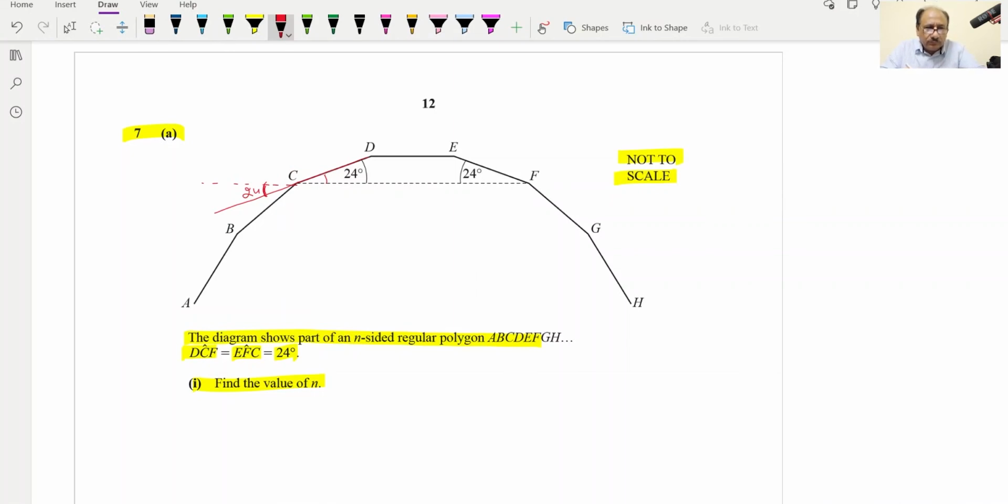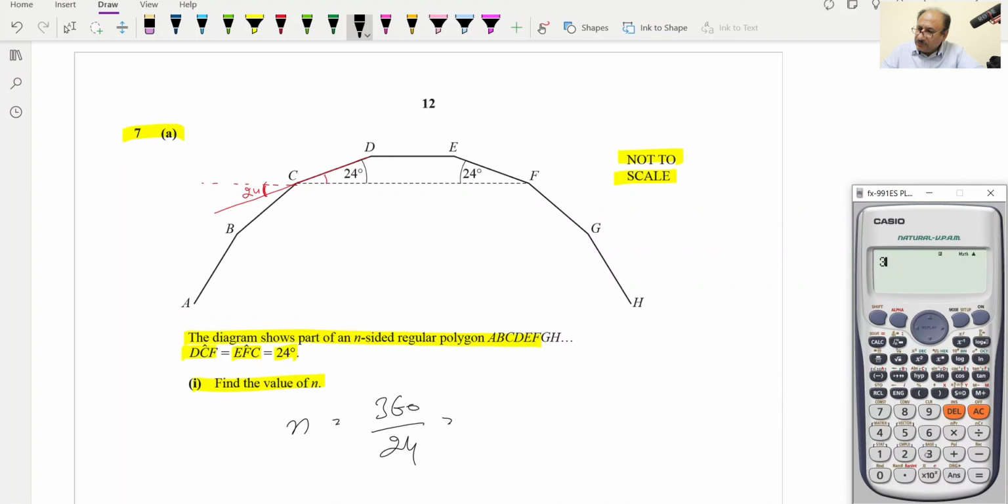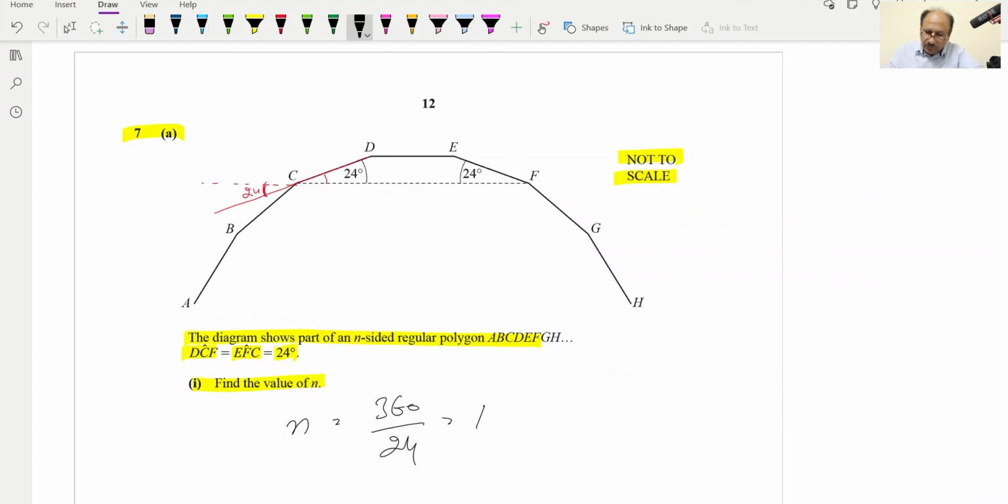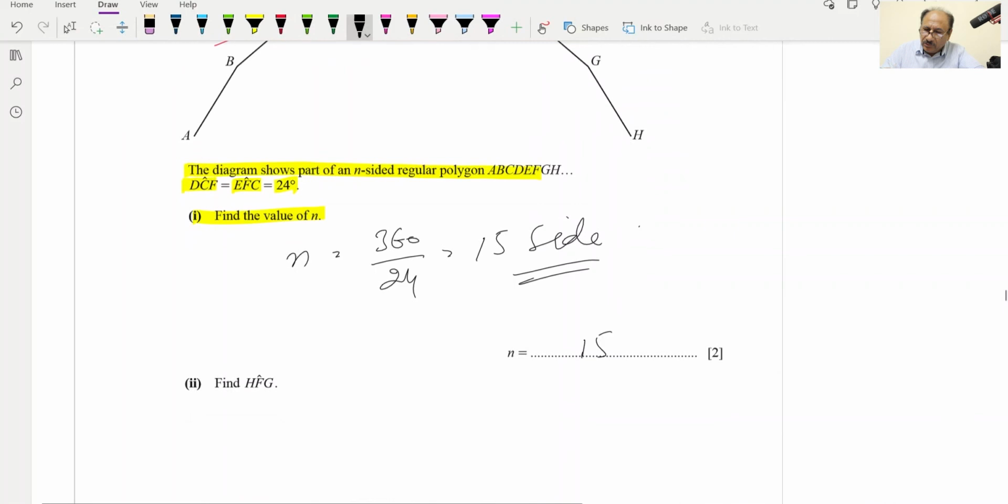So we can divide 360 by 24. So sides n will be equal to 360 divided by 24, and 360 divided by 24 is equal to 15. So 15 sides will be the answer for this one. We can write it over here. This is the 2 marks part which we have done.